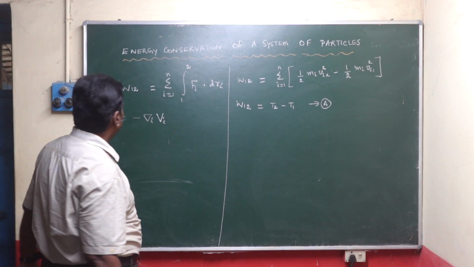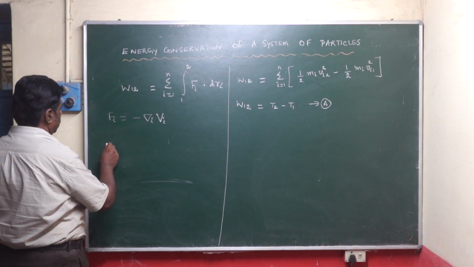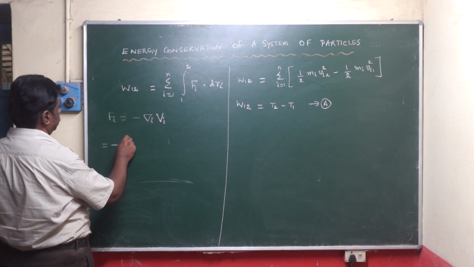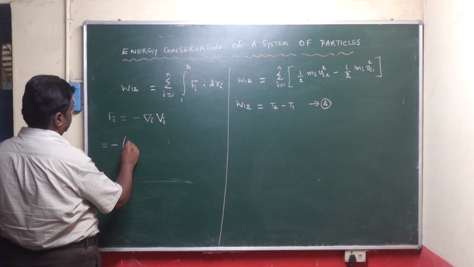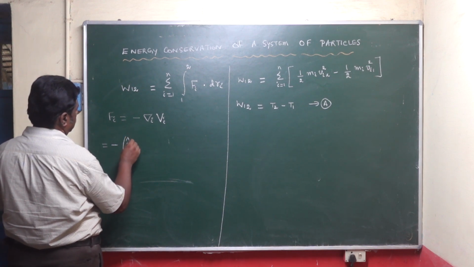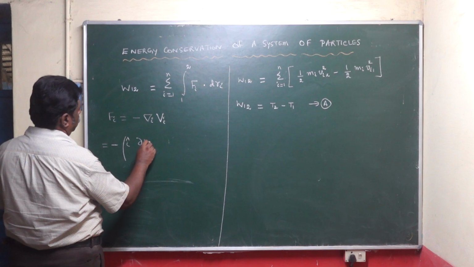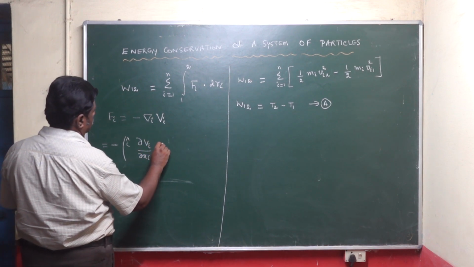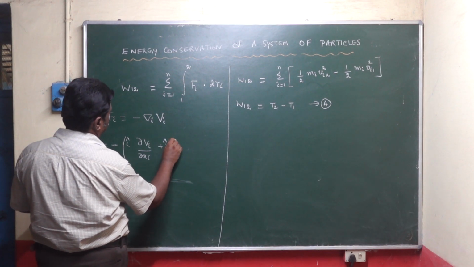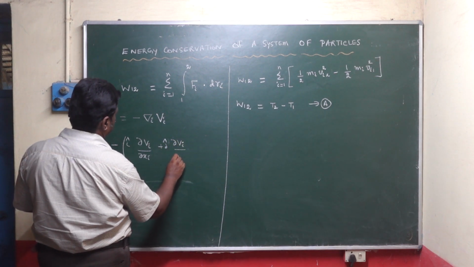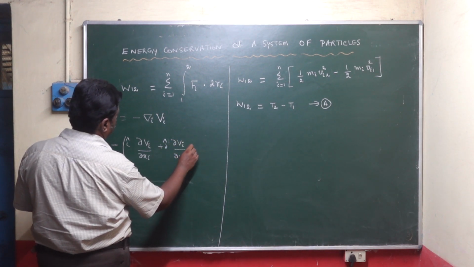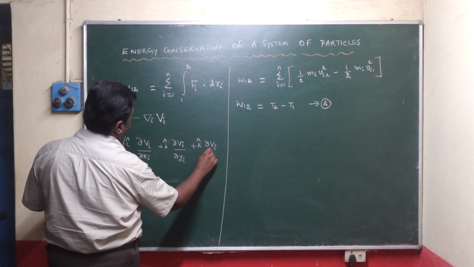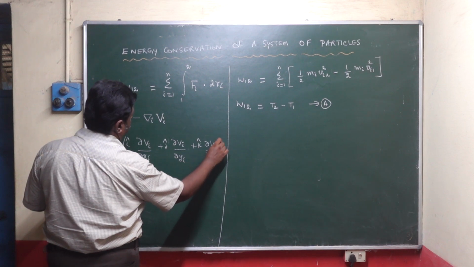Then this is equal to minus of i ∂Vi/∂xi plus j ∂Vi/∂yi plus k ∂Vi/∂zi.